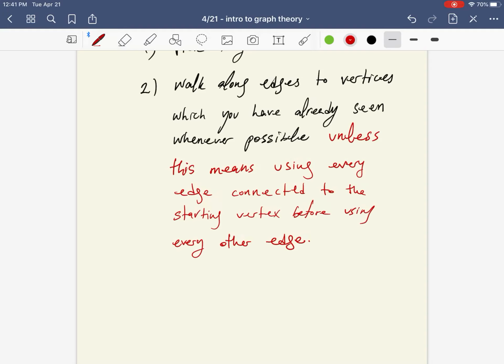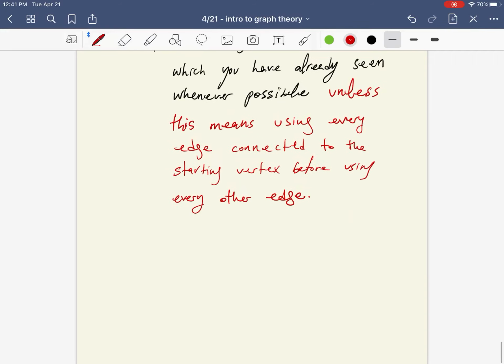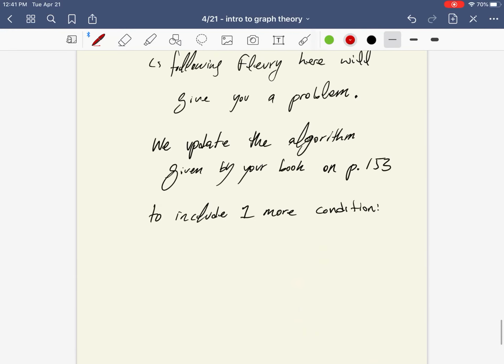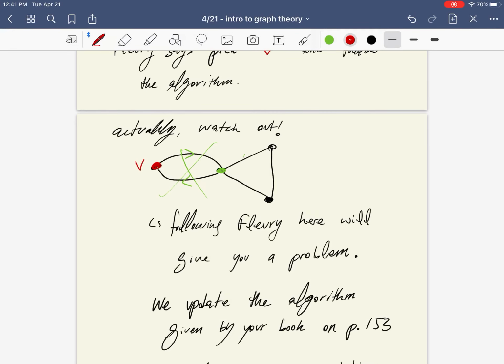Okay, so this is definitely an important thing to update. Unless this means using every edge connected to the starting vertex before using every other edge. So this was like our case here. We used every edge connected to the starting vertex by following the algorithm before we'd used these ones over here.